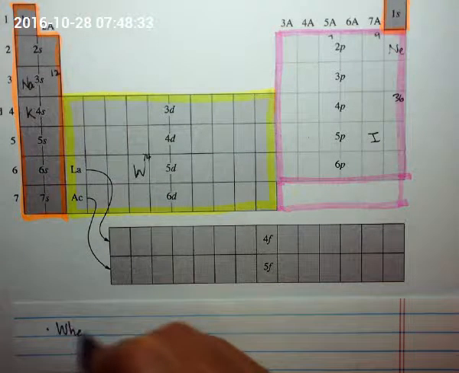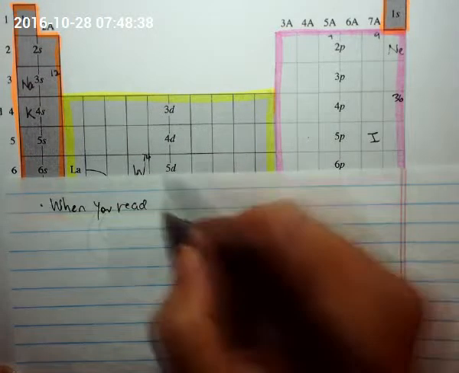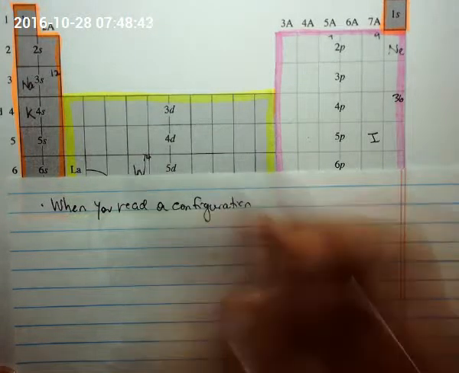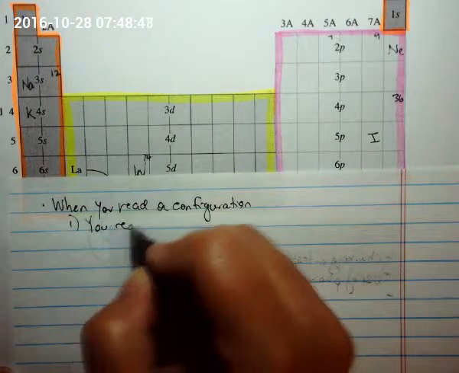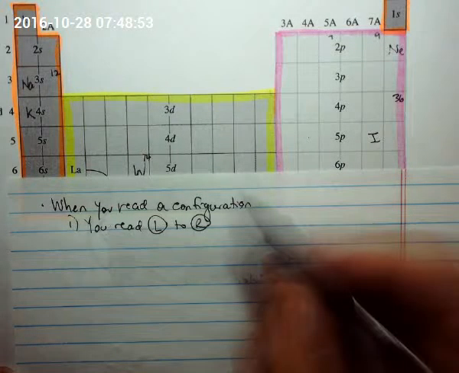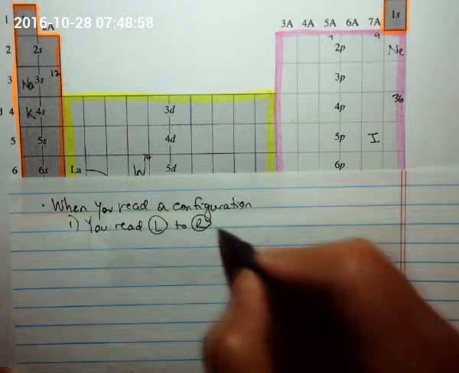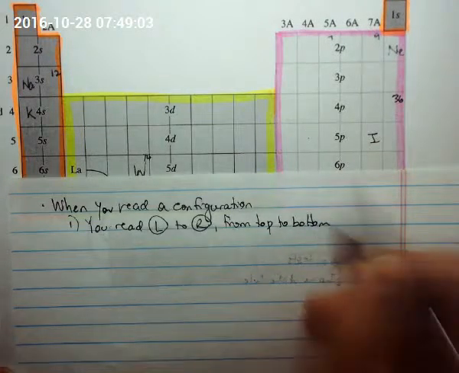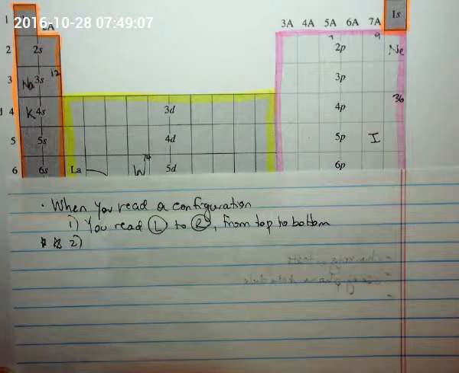So when you read a configuration, number one, you read left to right, from top to bottom, and number two, and I'm going to put a star on this, I might highlight it in a minute because this is really important.